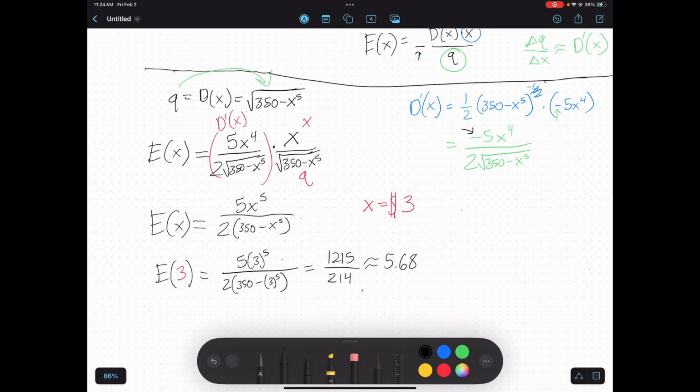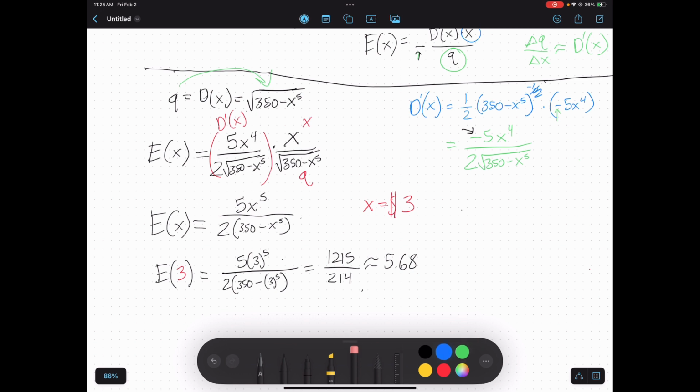But what does that even mean? What does 5.68 mean? Well, to understand this, we have to remember that elasticity is a ratio. It's how does the relative change in demand compare to the relative change in price. If I get 5.68, that means that my relative change in demand is about 5.7 times bigger than my relative change in price.